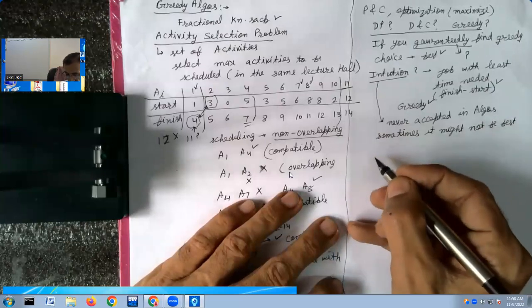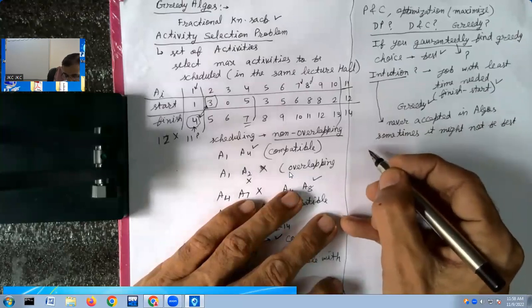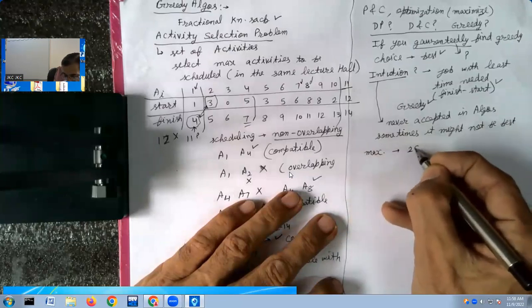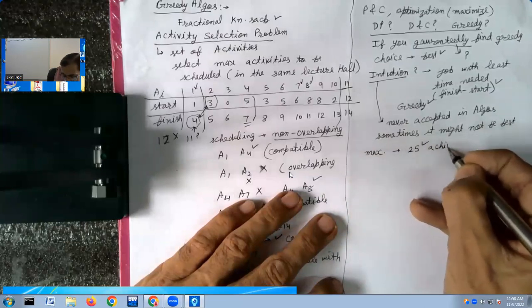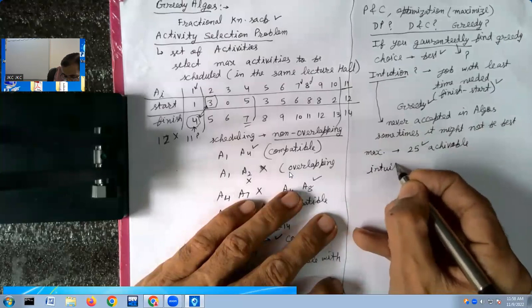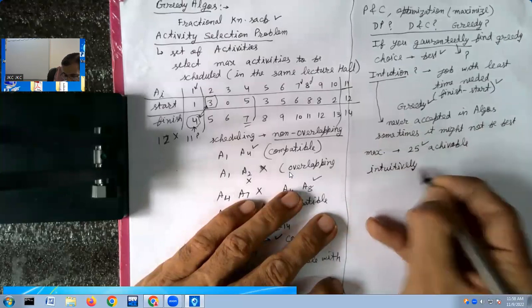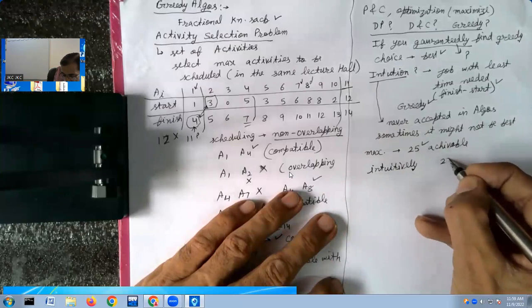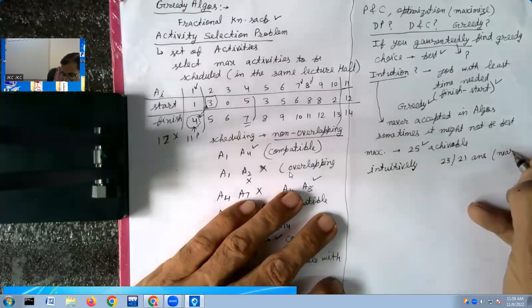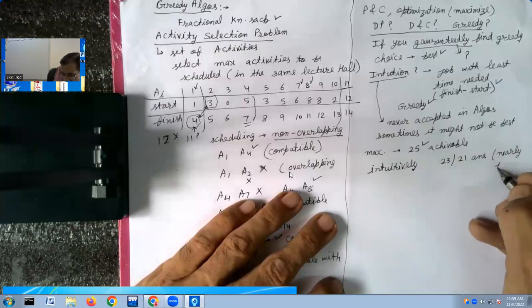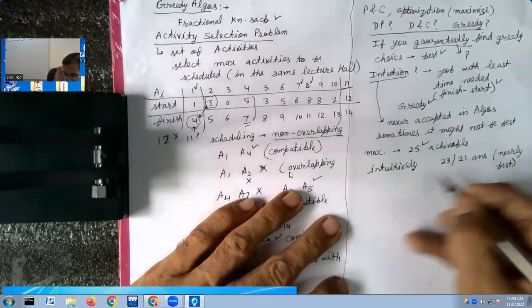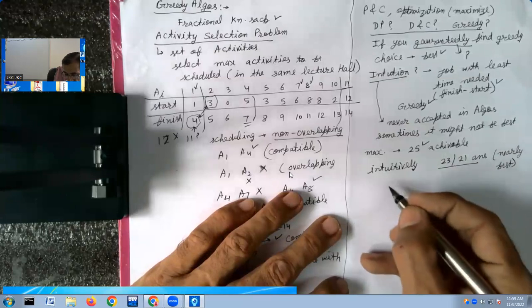For example, if a problem has a maximization value of, let's say, 25 achievable, and intuitively you go for certain logic that was not a greedy choice, you might get 23 or 21. Nearly best, but not the best. So if the greedy choice was not the best, then you might not get the best solution.